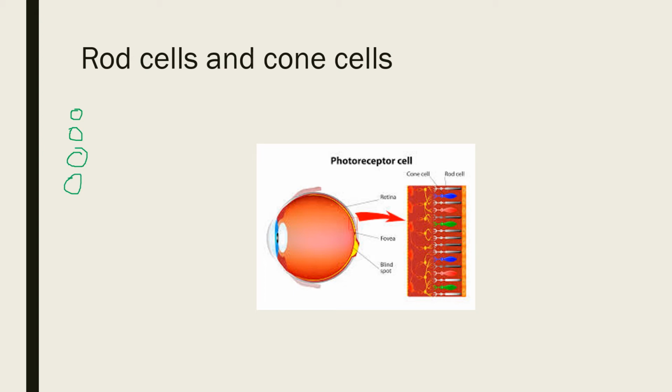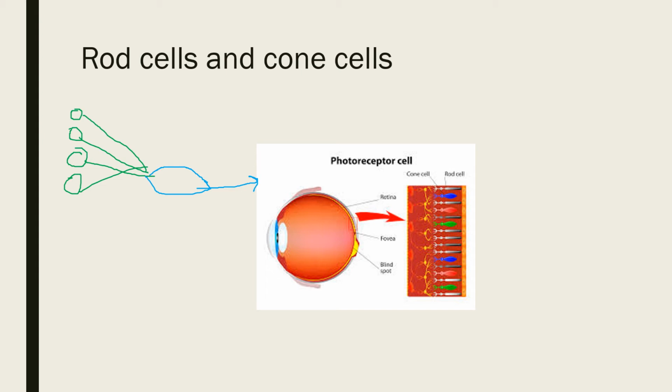I'm going to draw four that are connected to one bipolar cell. That is a horrible drawing. But then once the generator potential is obtained, it passes along the sensory neuron. And that's basically what happens in a rod cell.